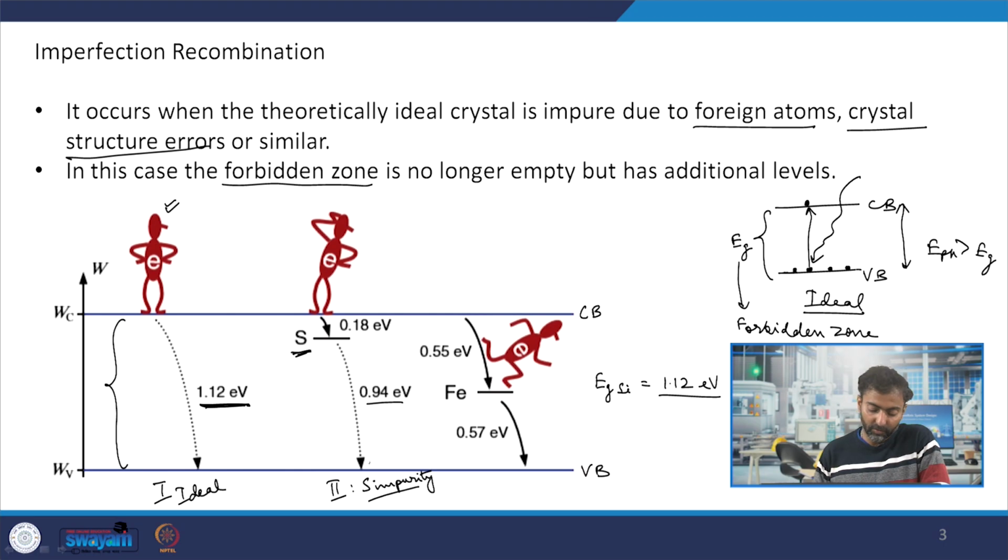That is what is shown here. And obviously, because the total energy gap is 1.12 electron volt, this sulfur energy band is just 0.18 electron volt below the conduction band of the silicon crystal.